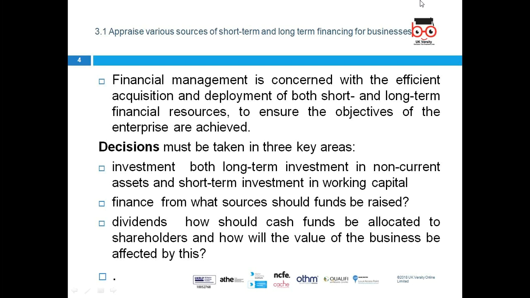Financial management is concerned with the efficient acquisition and deployment of short-term and long-term financial resources to ensure the objectives of the enterprise are achieved. Decisions must be taken in three areas. When we make the decision, we need to look at investment, both long-term investment in non-current assets and short-term investment in working capital.